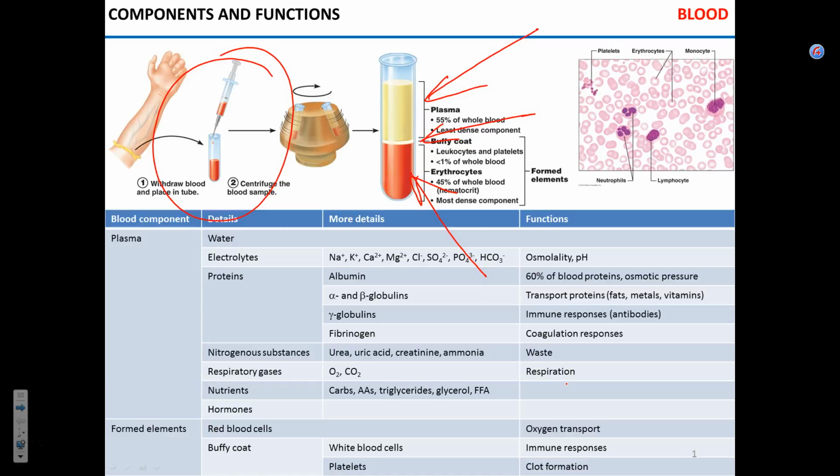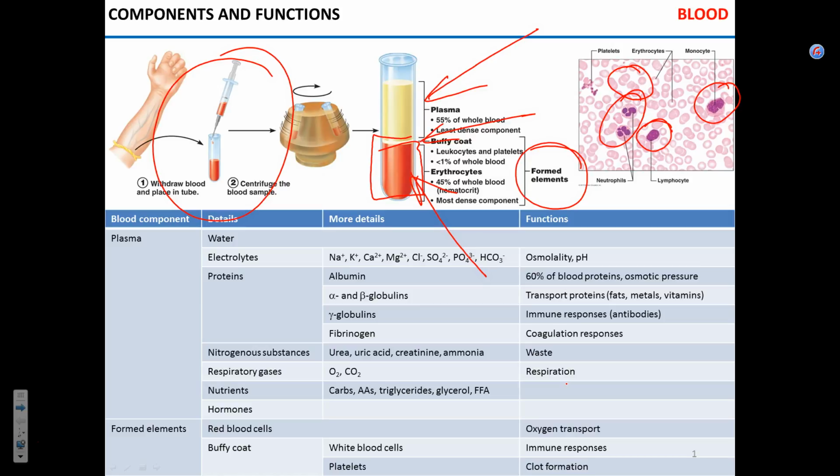You can see the cells on the typical blood smear here. Red blood cells, monocytes, different types of white blood cells here. White blood cells are bigger, they have a nucleus. Red blood cells, no nucleus. The cellular components of the blood, platelets, red blood cells, and white blood cells, are called formed elements.